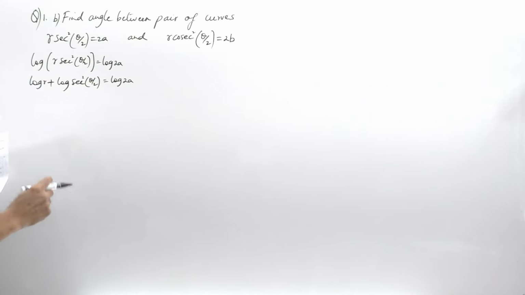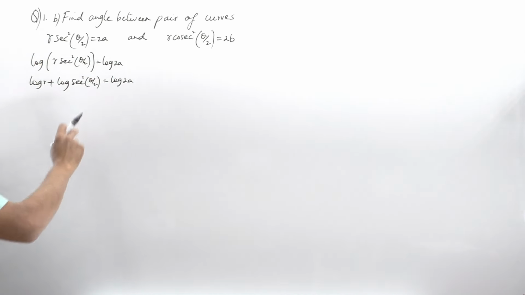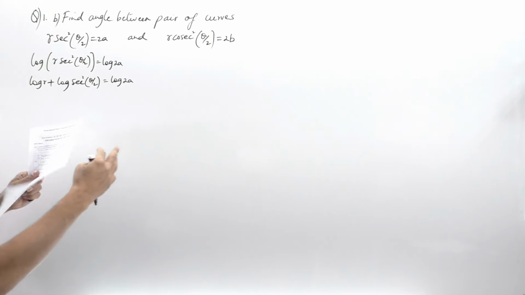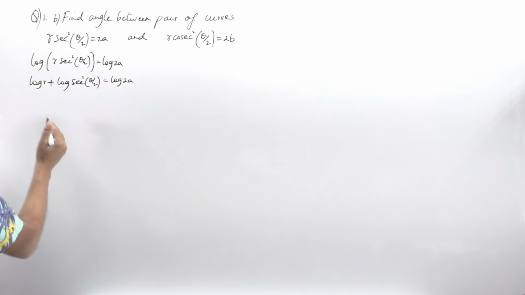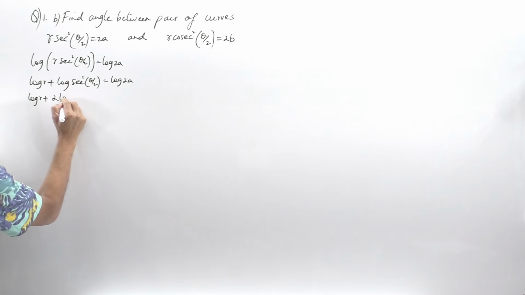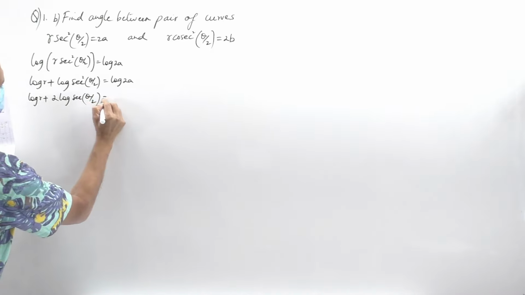Now log of a into b will be log a plus log b, so log r plus log of sec square theta by 2 is equal to log of 2a. Now log a to the power k is k log a. As I told, everything should be plain, there should be no powers or multiplication while doing applied mathematics. So we have log r plus 2 log sec theta by 2 is equal to log 2a.